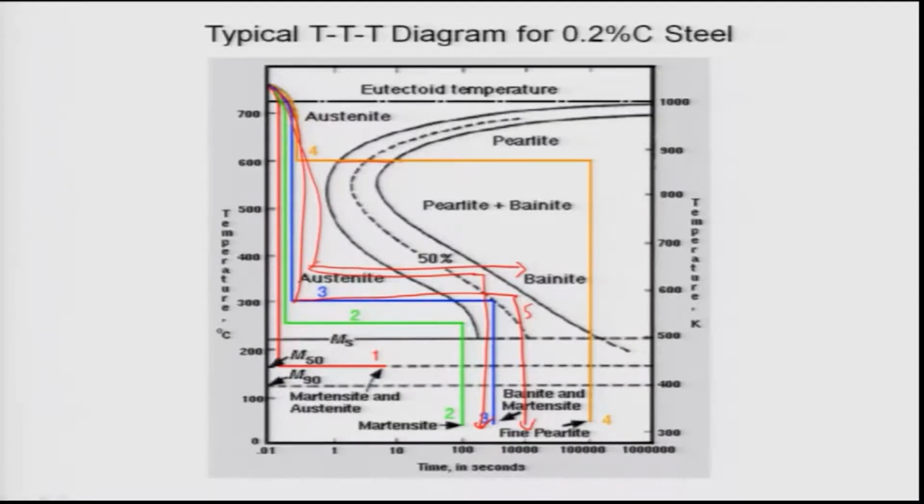So as you cross this nose, you will form pearlite, as I told you earlier also. The moment you cross these curves, pearlite is bound to form, because that is the most stable product in these systems. And once the pearlite forms, the sample can be easily cooled, because once complete transformation of austenite to pearlite happens, nothing else can happen, whether you quench it or cool it slowly.